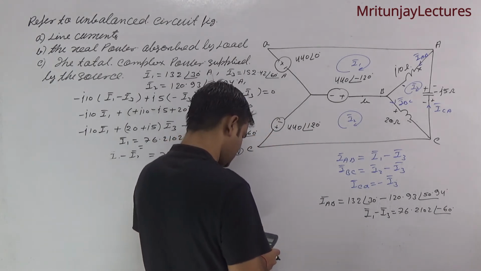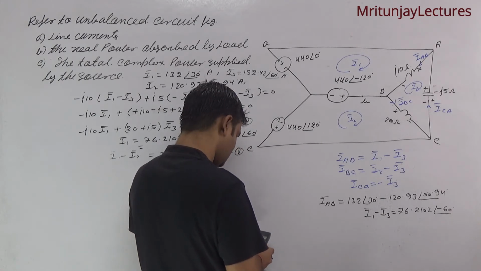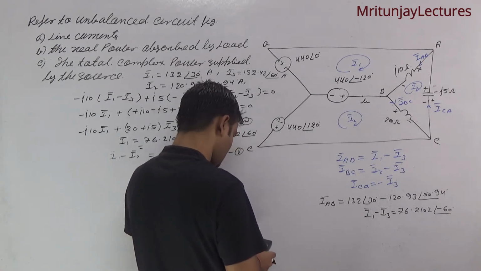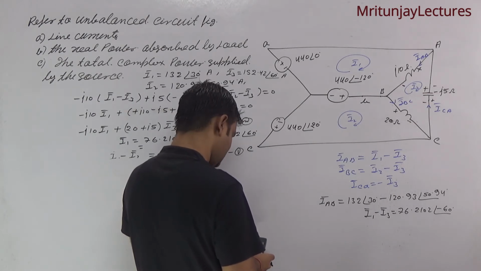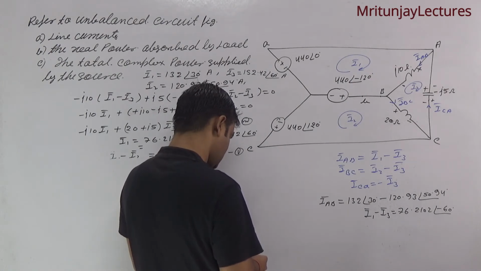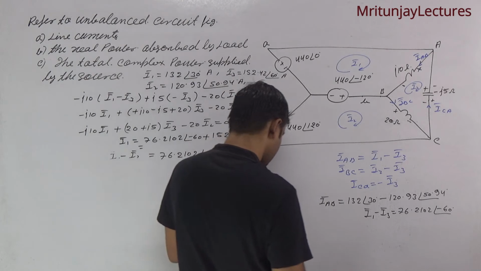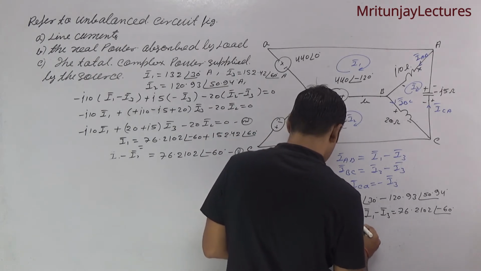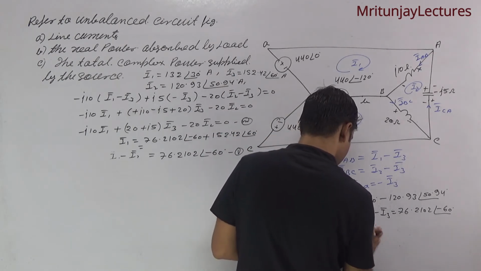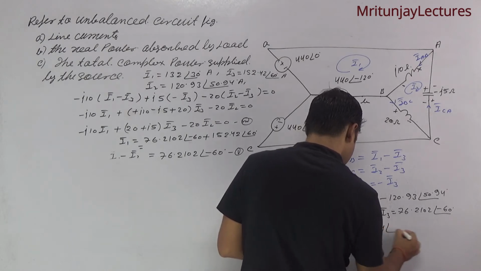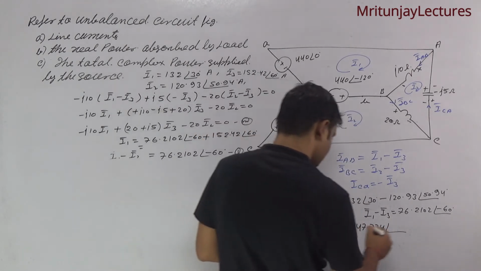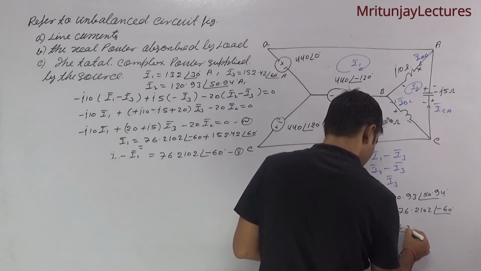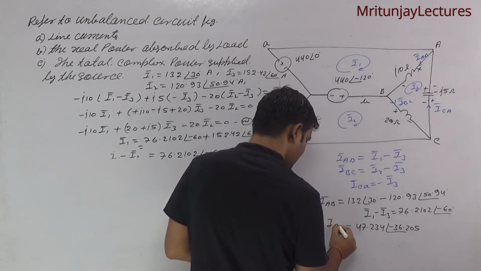I of AB is 132 at the angle 30 degree minus 120.93 at the angle 50.94. What about this value? That is 47.234 at the angle minus 36.205. That is I of AB.